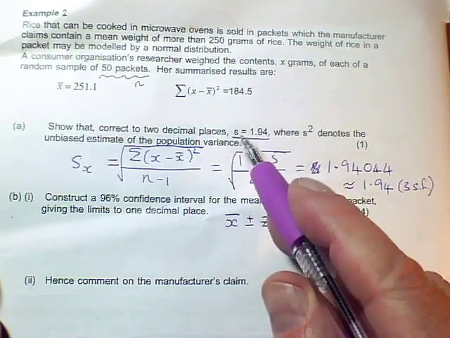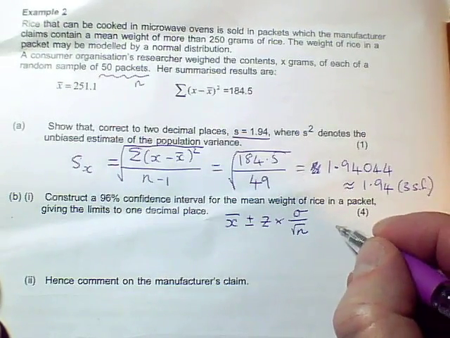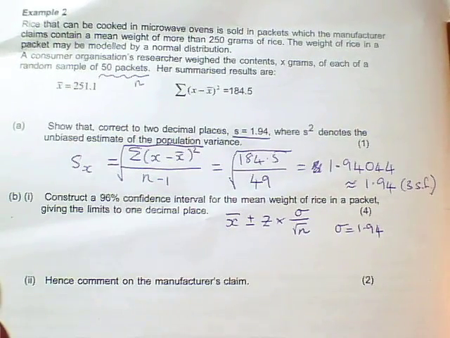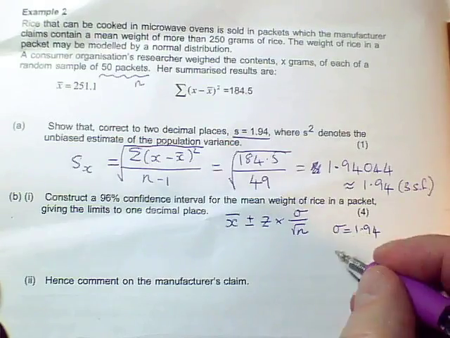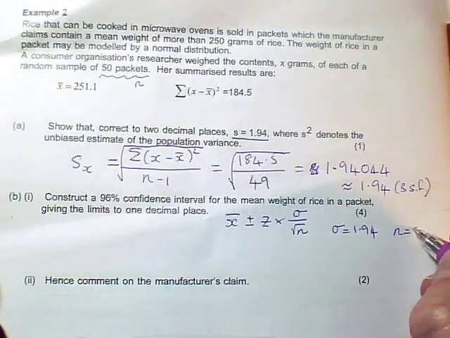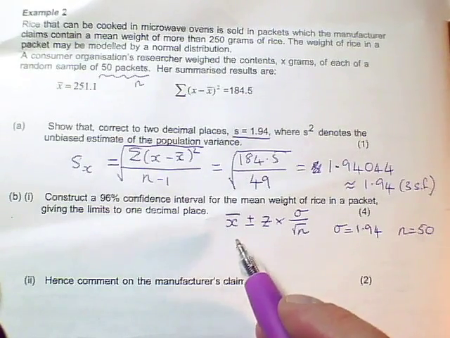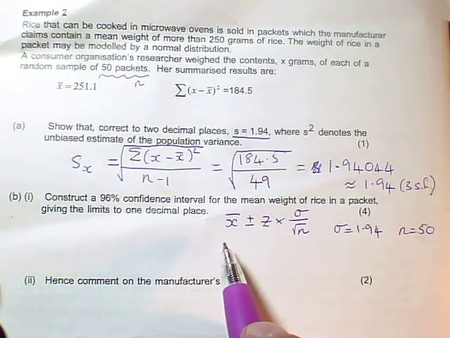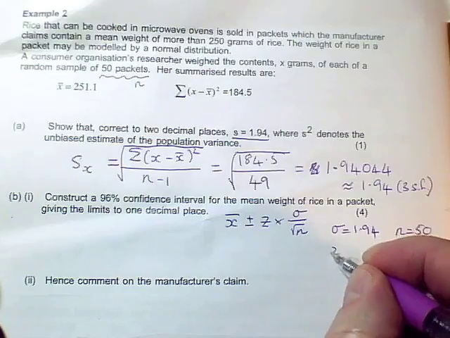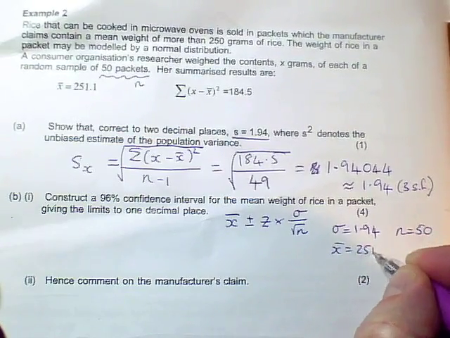I've got an estimate of the standard deviation, so I'm going to be taking sigma is 1.94. That's the best I can do for an estimate. N was the number of items in the sample, so n is 50. And x bar is 251.1.